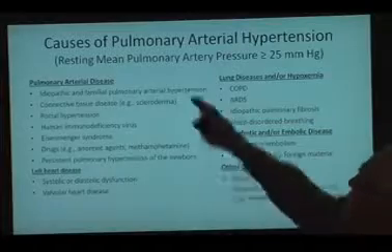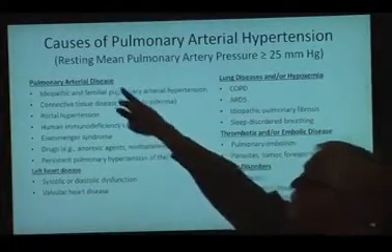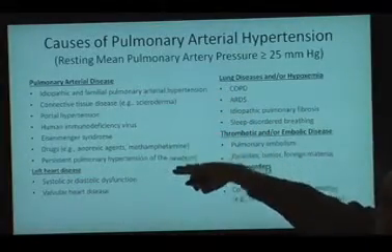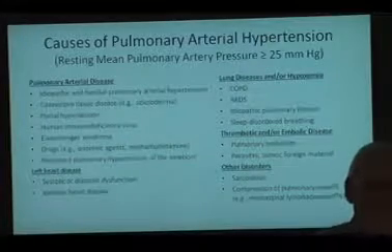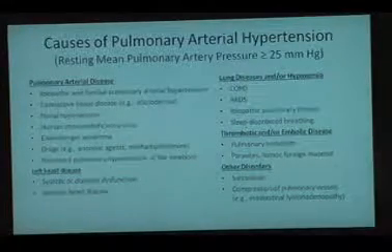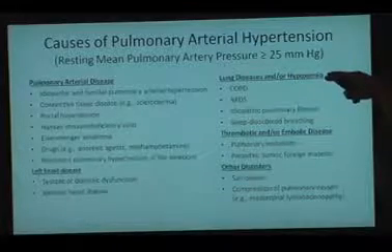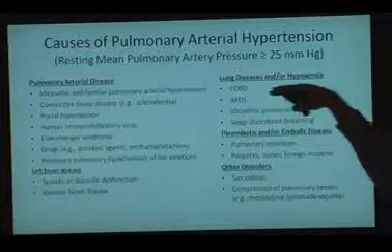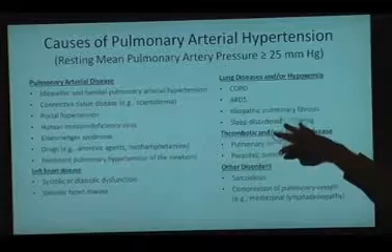So pulmonary arterial hypertension can be the result of pulmonary arterial disease, and there are a lot of things on the list here. It can be the result of left heart failure because of blood backing up into the pulmonary vasculature. It can be the result of lung diseases and hypoxemia, so COPD, ARDS, pulmonary fibrosis, sleep disordered breathing.